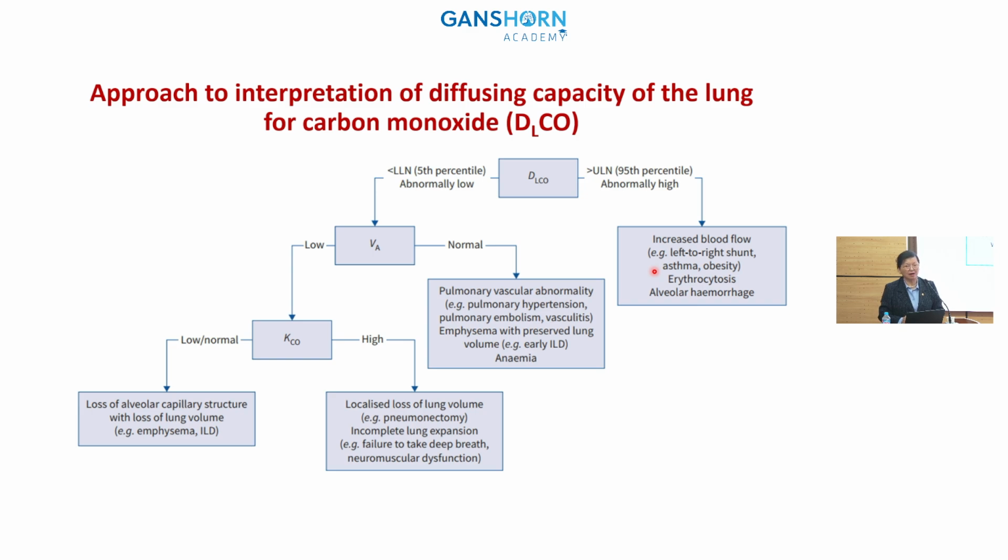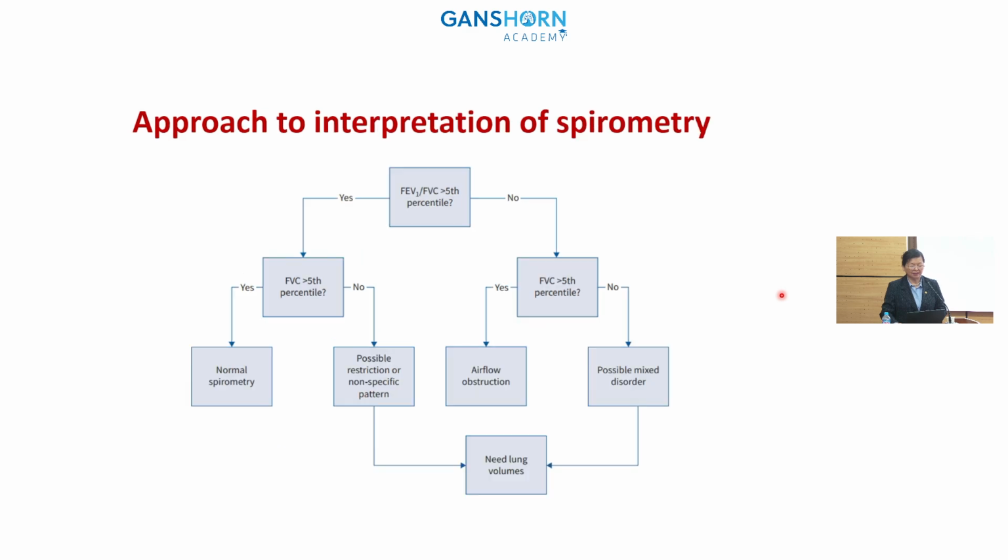There is not a clear explanation about high DLCO in asthma, but there is a hypothesis that in asthma more blood goes to the alveoli, or obesity, erythrocytosis, or alveolar hemorrhage. So I think that these three classification approaches to interpretation are very, very important.